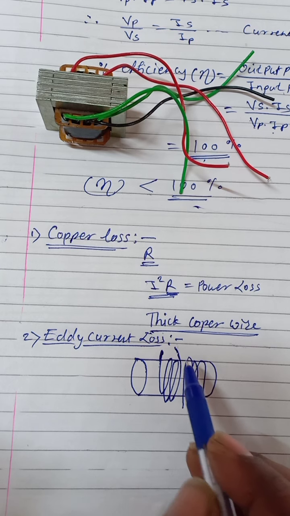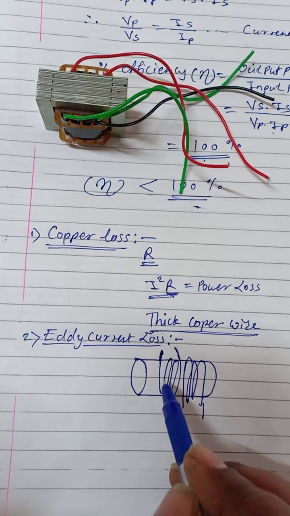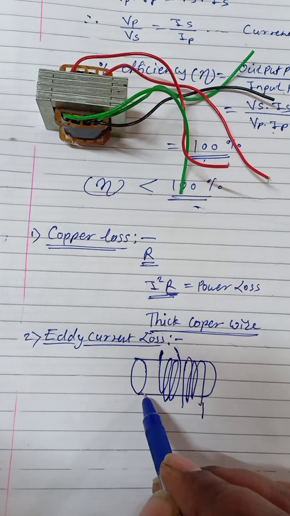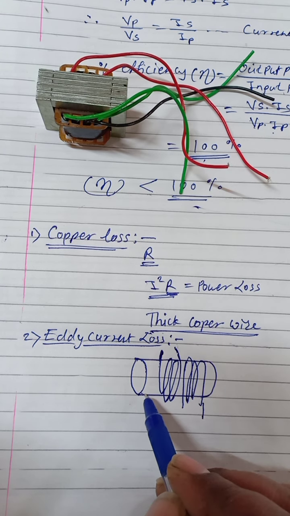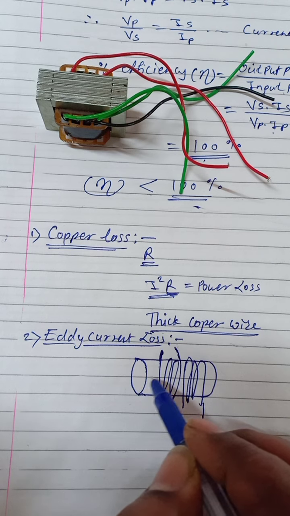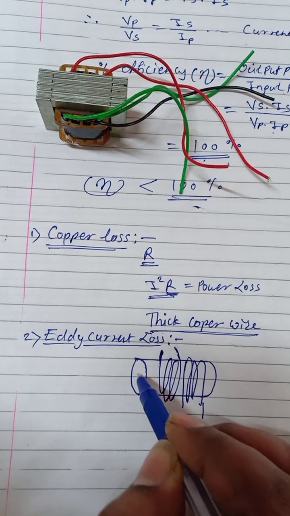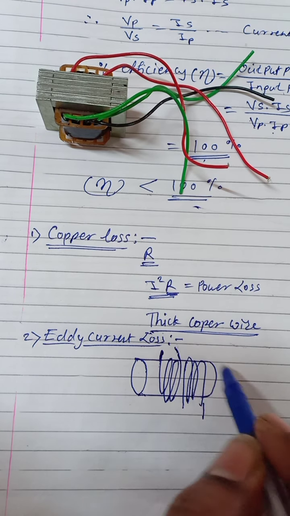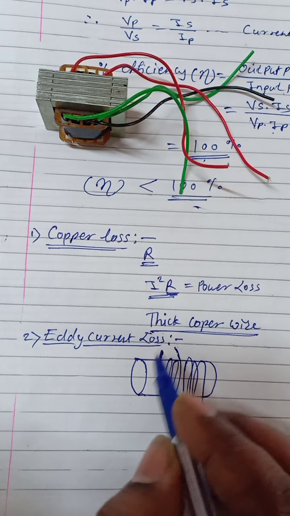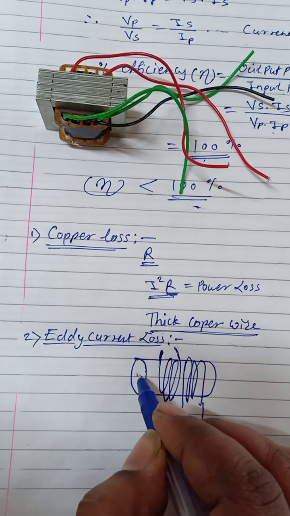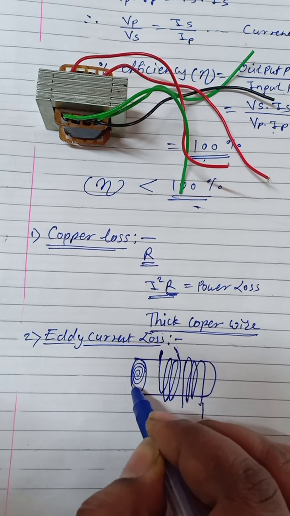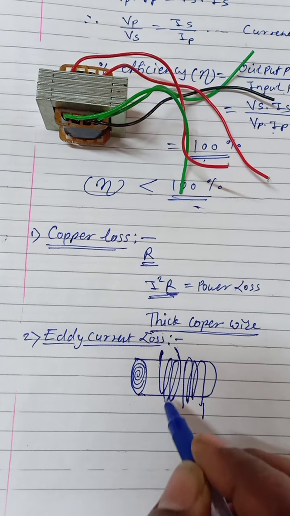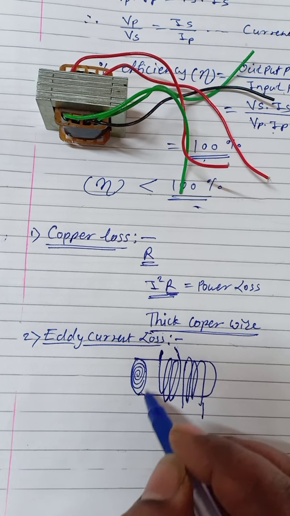At the same time, this changing magnetic field is cut by the iron core, and as it is cut by the iron core, EMF is induced in the iron core, which generates a circulating current in the core, which is called eddy current.